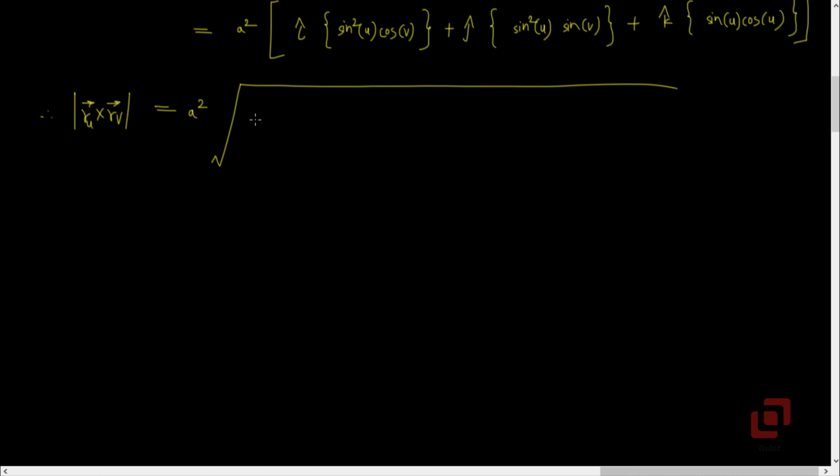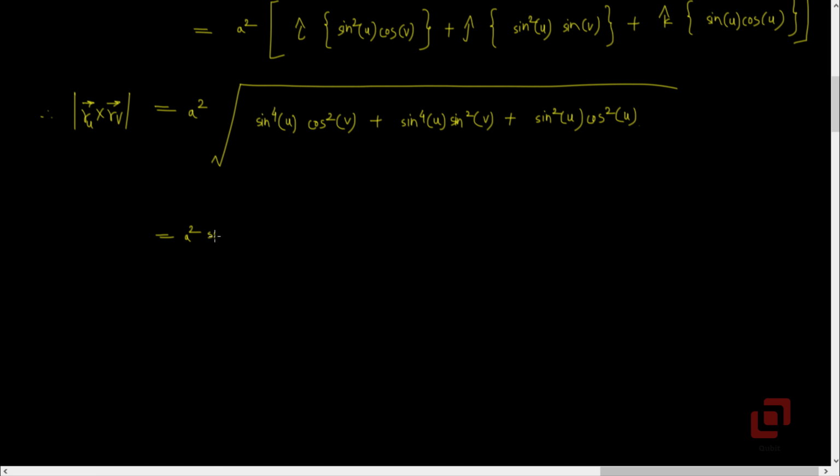square of this, which will be sin^4 u cos squared v plus sin^4 u sin squared v plus sin squared u cos squared u. Equal to a squared into, let us take sin squared u common from all the terms.